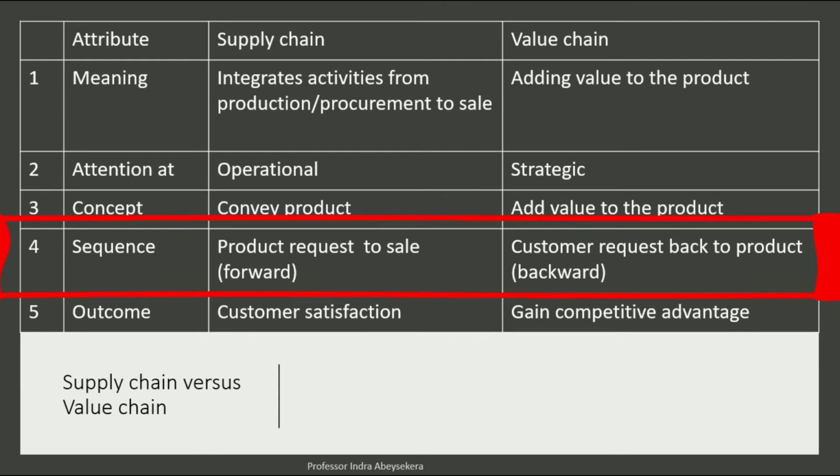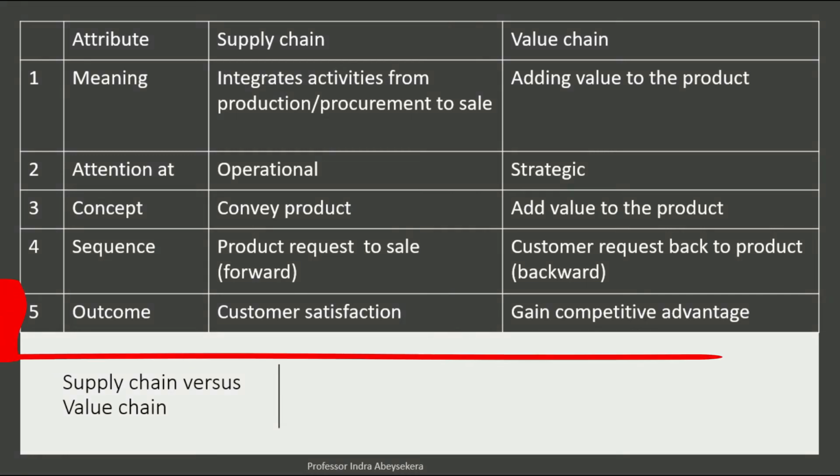So it's a backward chain. Outcome on the supply chain is customer satisfaction, and on the value chain is about gaining competitive advantage.